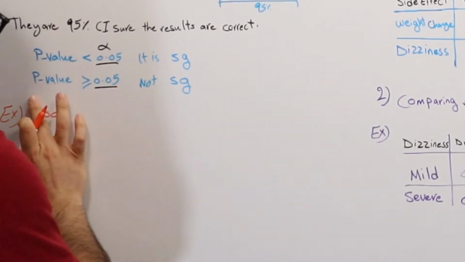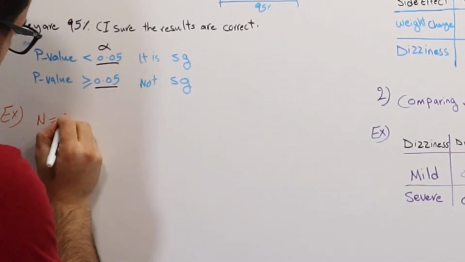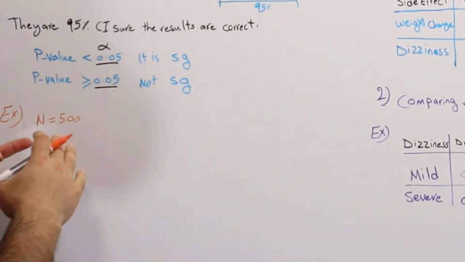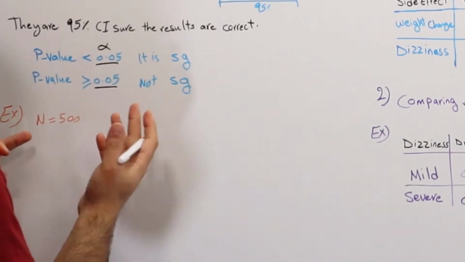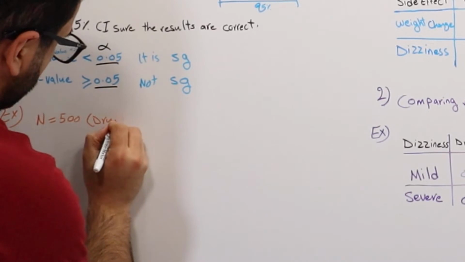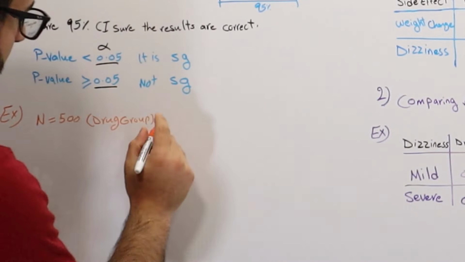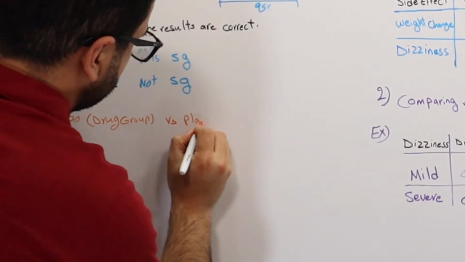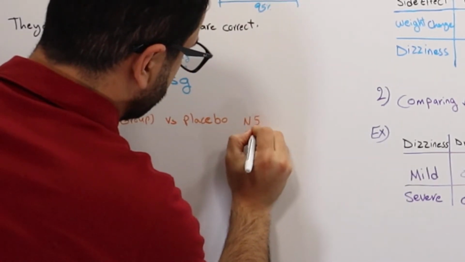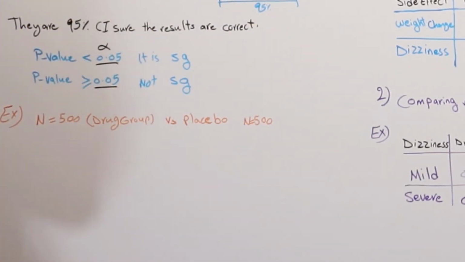In this study, we're having a drug or medication, and we have 500 in this drug group, or medication group, versus placebo, which is another N of 500 as well. So the number of patients is 500 in each one of the groups, right?